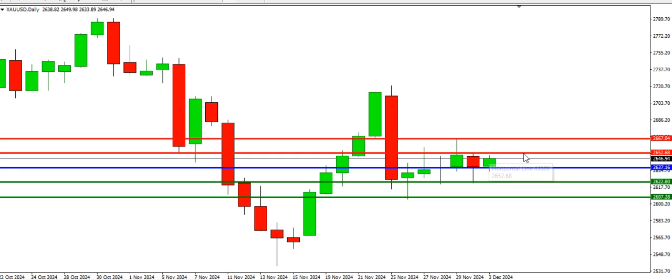A break above the first resistance at 2652, we'll see price test 2667, which is the second resistance. But if price is unable to test or break 2652, price might get back to the pivot line at 2637, and possibly drop to the first support at 2622.